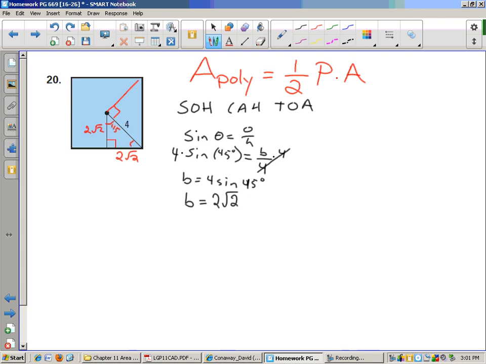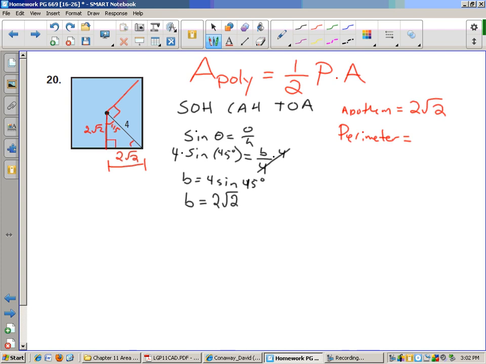So now I've got the apothem. The apothem here is 2 root 2. Now I just need to know what the perimeter is. So if from here to here is 2 root 2, then what's the perimeter around this shape?